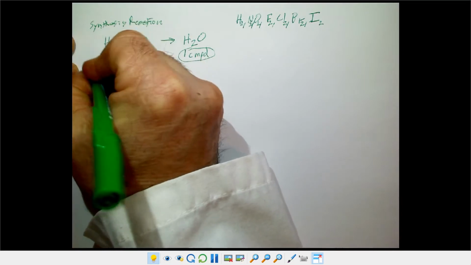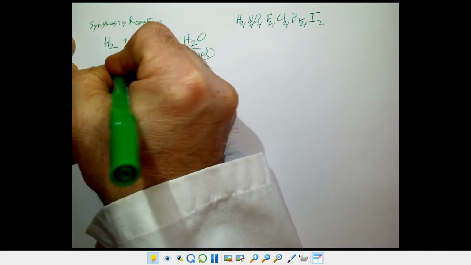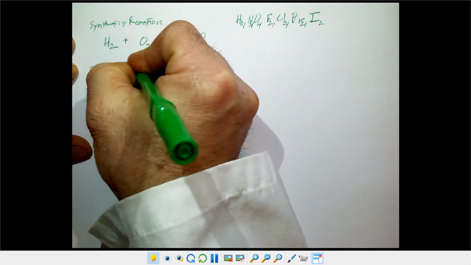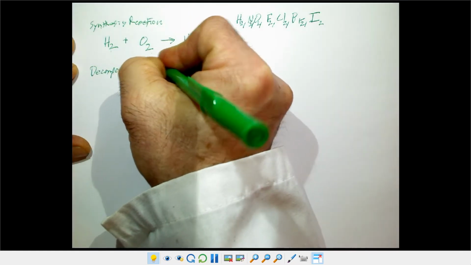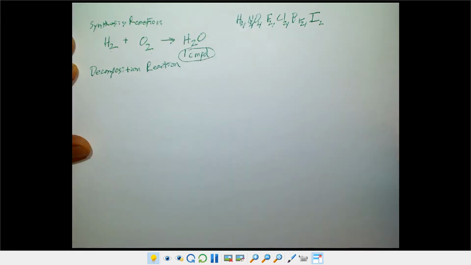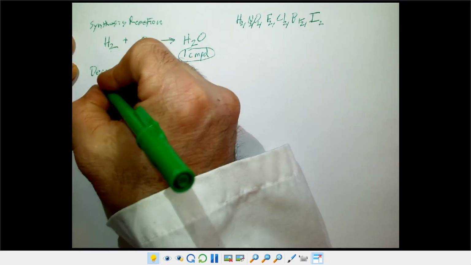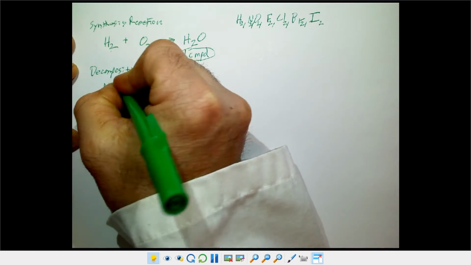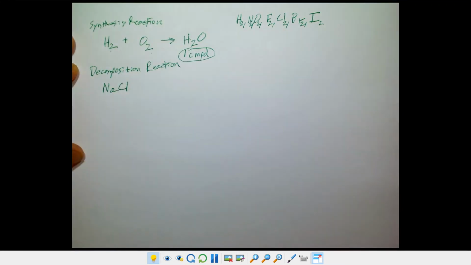In a decomposition reaction, you're doing the exact opposite. You're taking one thing and breaking it apart into multiple. So for example, you could take the compound sodium chloride, NaCl, just table salt.